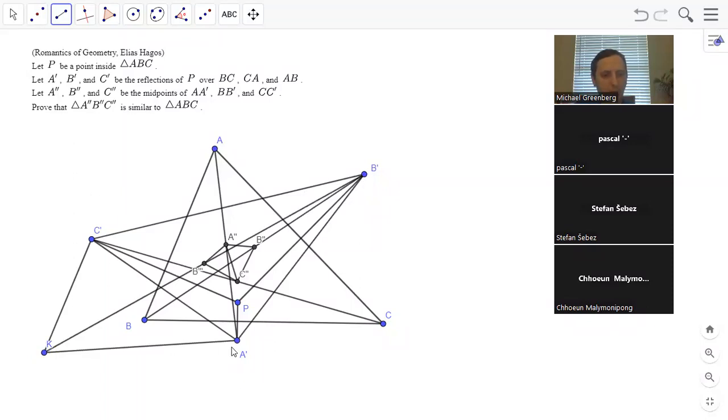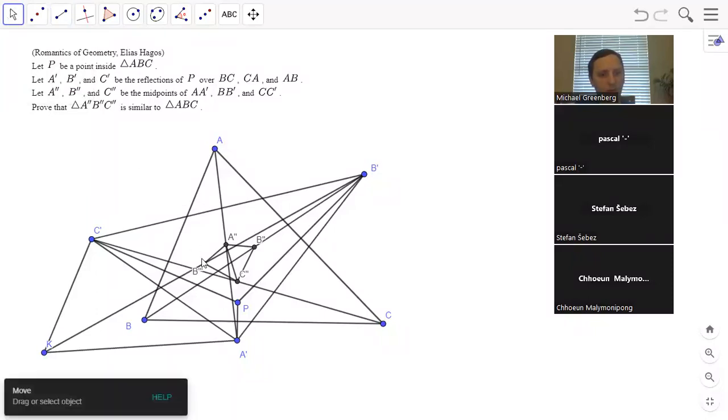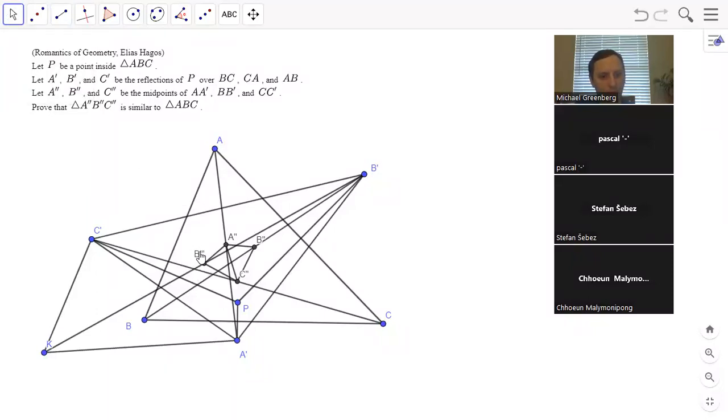So this one we could try to show as similar to the original. So you're reflecting P over BC and then P over AB. And then you're defining this point as, let's see, so BK would be parallel to this, which is perpendicular to this.